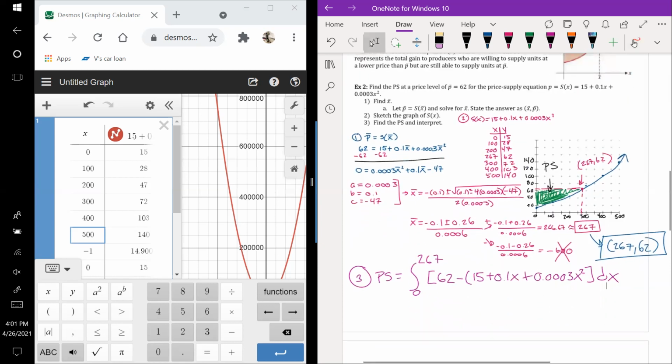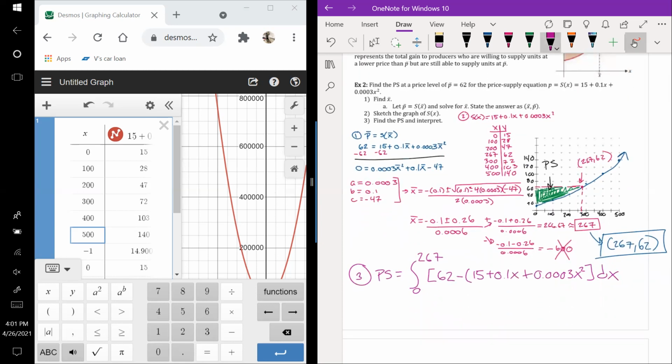And then we can distribute that negative. You get the integral from 0 to 267 of 62 minus 15 minus 0.1x minus 0.0003x squared dx. And let's just type that in.